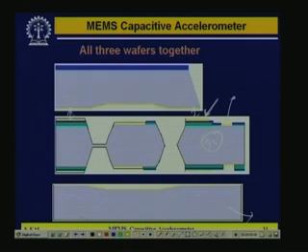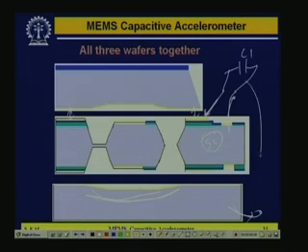In the bottom electrode, there is no insulating layer at the bottom side of the wafer. You have delineated this portion, but this side is intact. So, one contact you can take here, one here, and the third you can take from either side or from the bottom. The middle is fixed, and from the middle and this one you get C1, and similarly this and this will give another C2, because this is the common contact you are making.